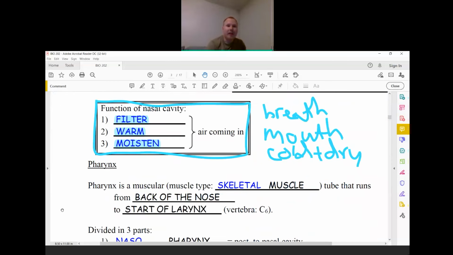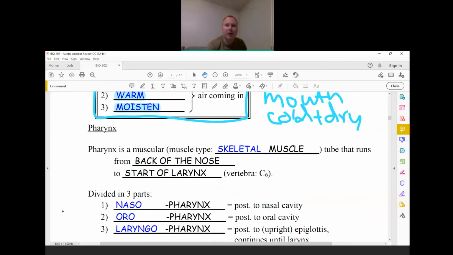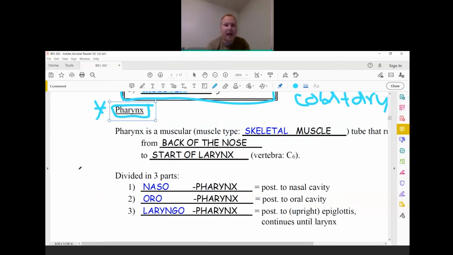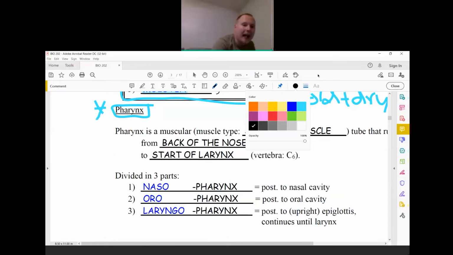The next structure I wanted to talk about in our review of the parts of the respiratory tract is our pharynx. The pharynx is made of skeletal muscle, and it really is just a tube. It starts from the back of the nose and runs all the way to the next structure, which is going to be the larynx.